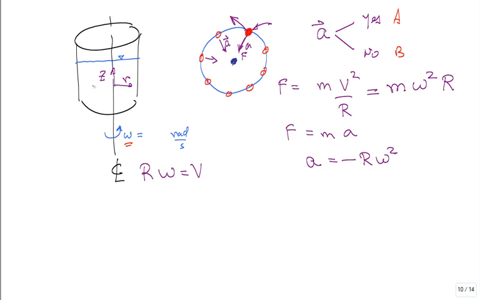And there is an acceleration in the negative r direction, which is negative capital R, the radius, times omega squared. Or if you want to know the acceleration at this point, I need to put in lowercase r as the radius, the distance from the center line to that point in the fluid. True? So maybe I want to put lowercase r right there.